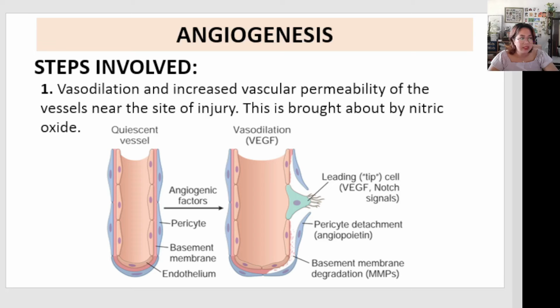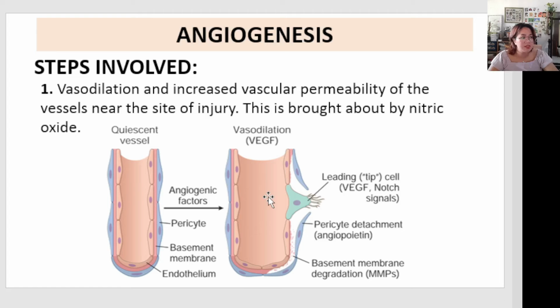So, the first step is angiogenesis. In angiogenesis, there are also steps involved. The first step is vasodilation, which is brought about by nitric oxide, which causes increased vascular permeability of the vessels near the site of injury.